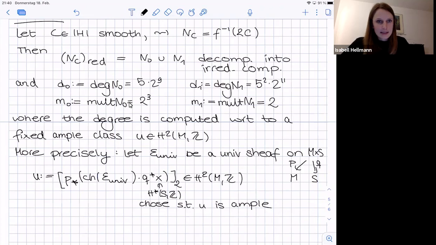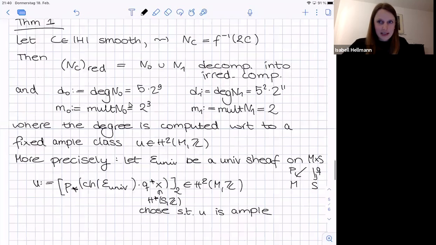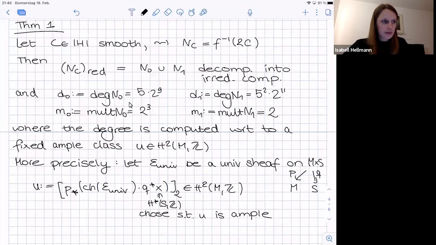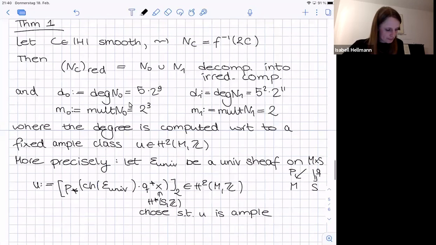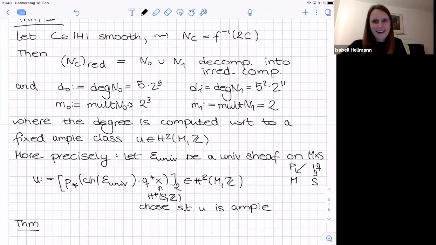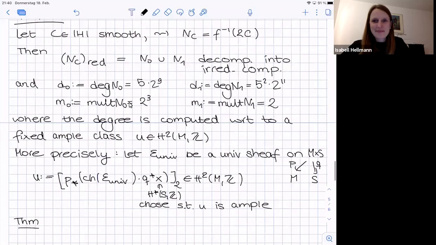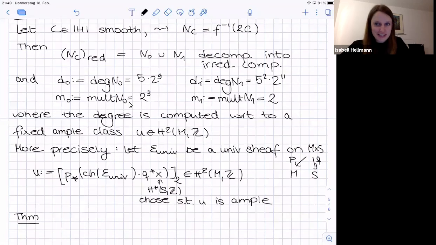Later I will say how to prove this theorem, but before that I have two more. Namely, we have the same theorem for the Hitchin system. So you translate everything.